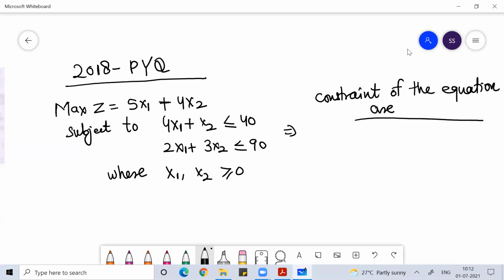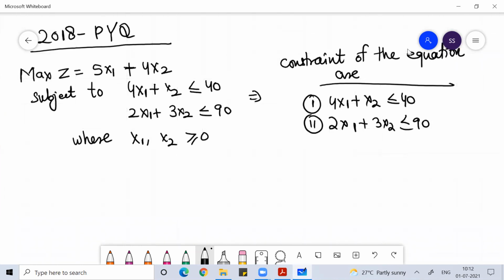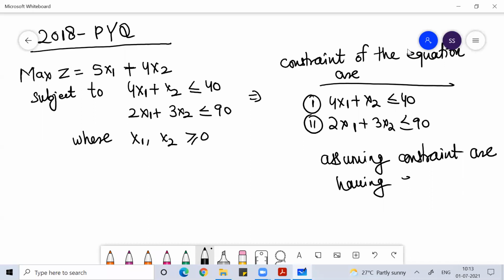The constraints of the equation are 4x1 plus x2 is less than or equal to 40, and 2x1 plus 3x2 is less than or equal to 90. So what I'll do, I'll assume the constraints are having equal signs.